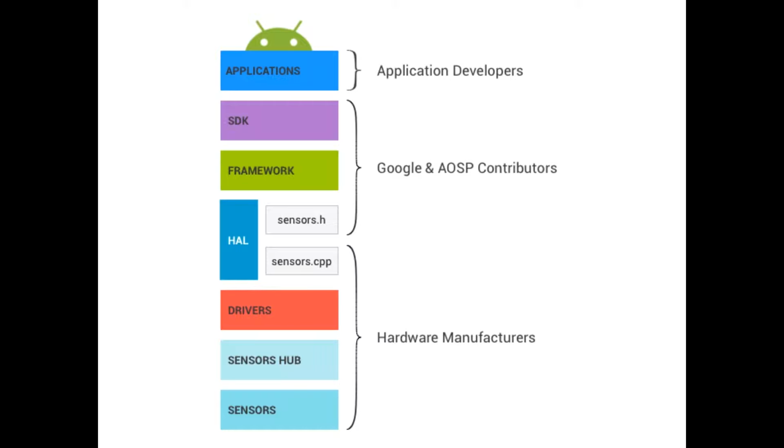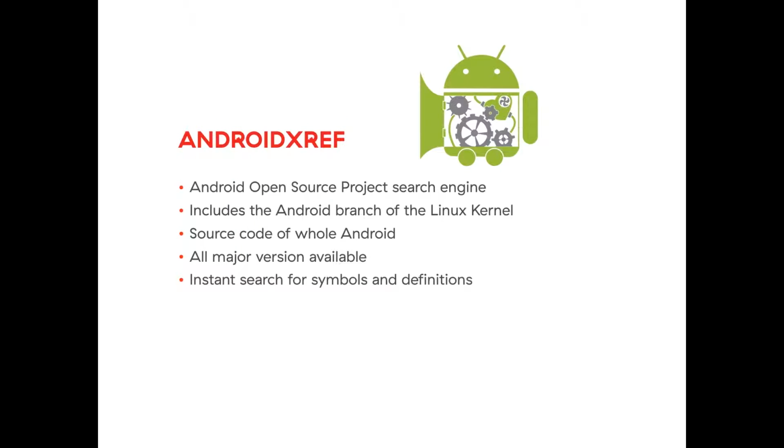So some of you may know, you can go to GitHub or some Google open source repository. Since Android is open source, you can view the whole implementation yourself, but that can be a bit tedious. So there is a helpful tool that you can use to navigate through the source code of the Android framework.